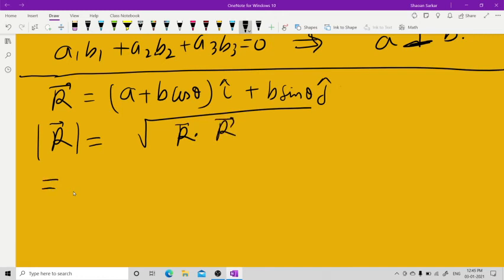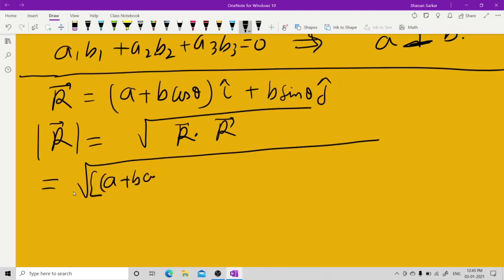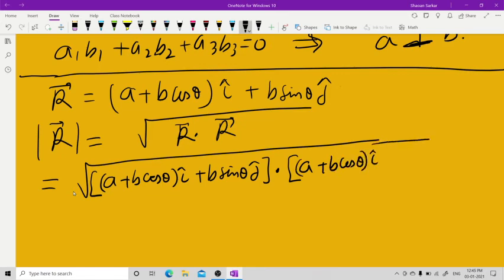Now you will write under root of a big bracket and then a small bracket: (A plus B cos theta) i cap plus B sine theta j cap, then a dot. Again I write this: (A plus B cos theta) i cap plus B sine theta j cap.